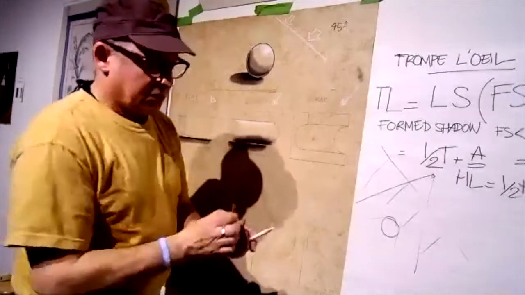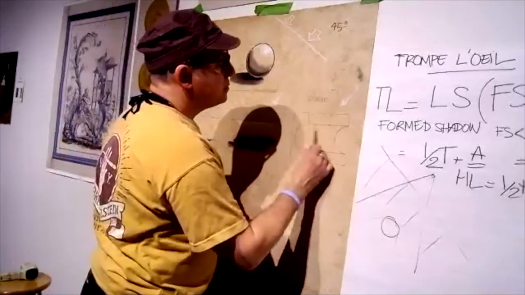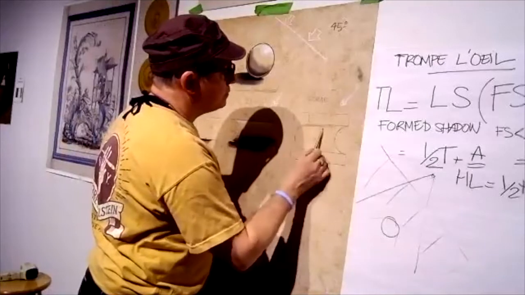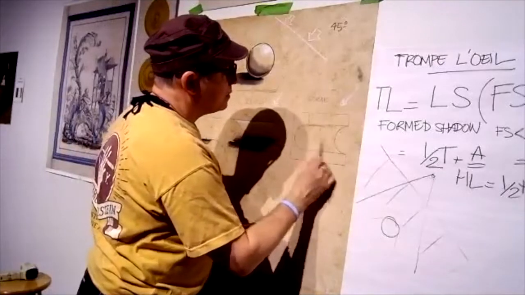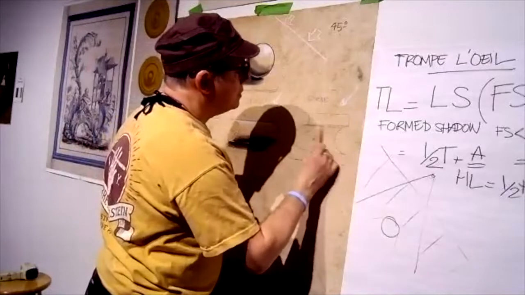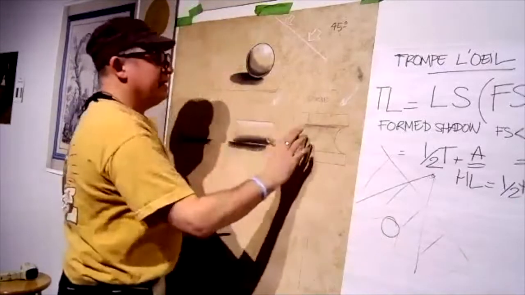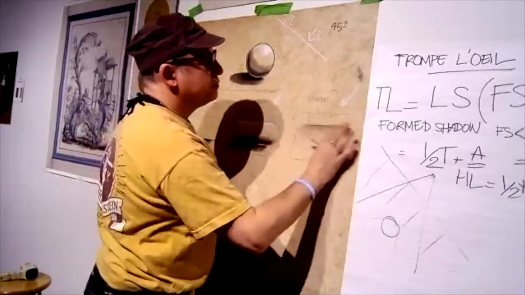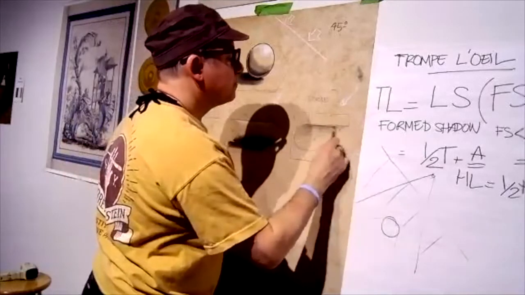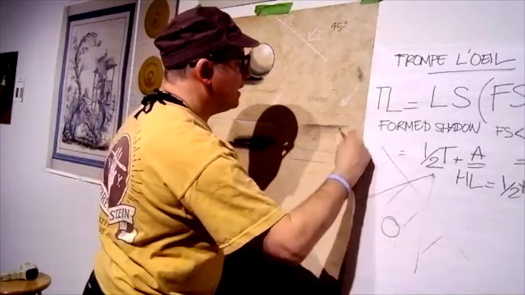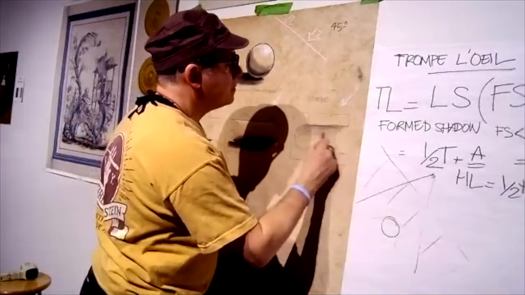So we're going to do the halftone, faded. This time, instead of being square, it's faded downward.